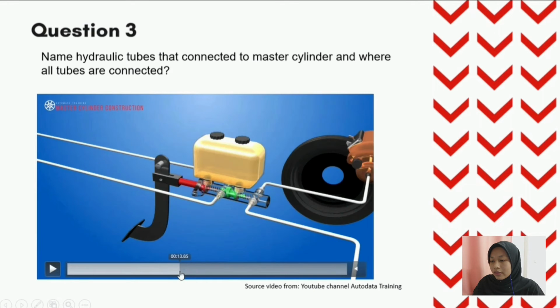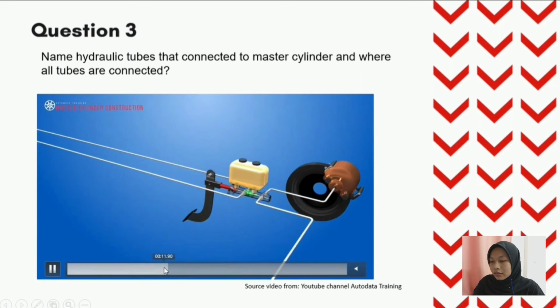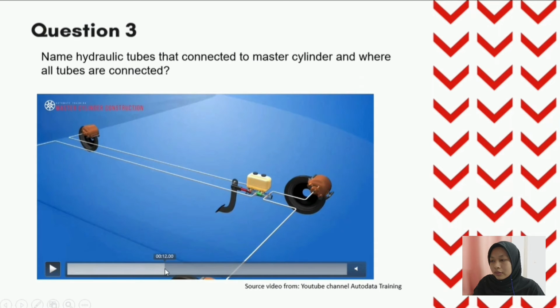We can see that the red color, which is the primary piston, is connected with the rear hydraulic tube.